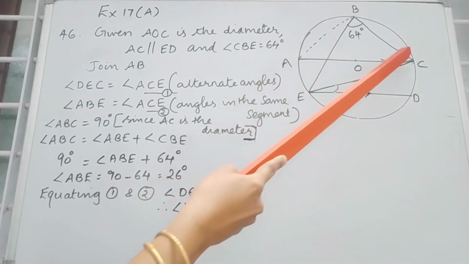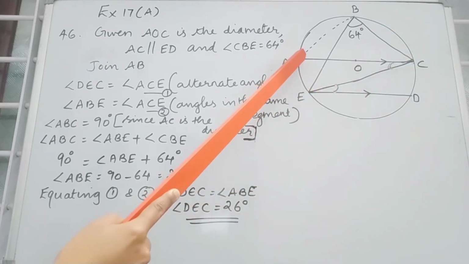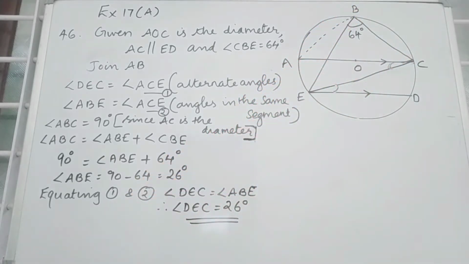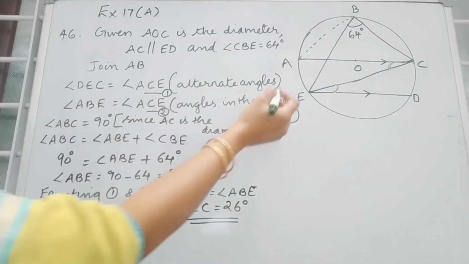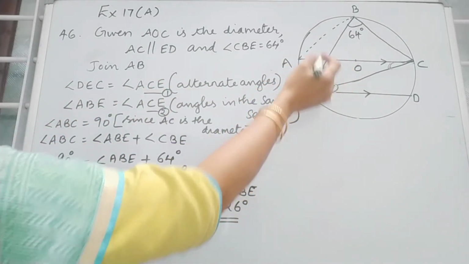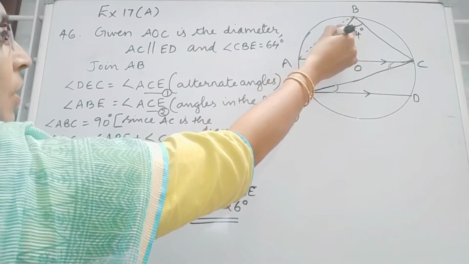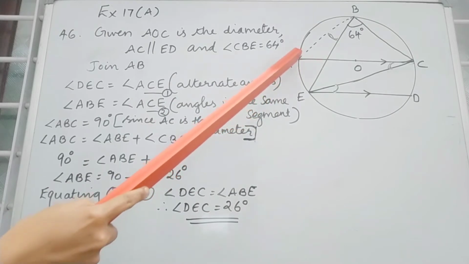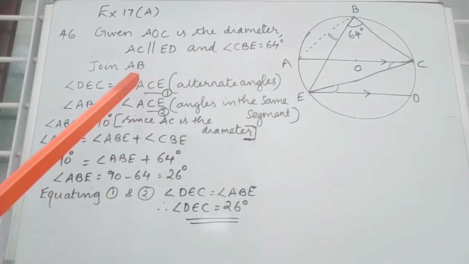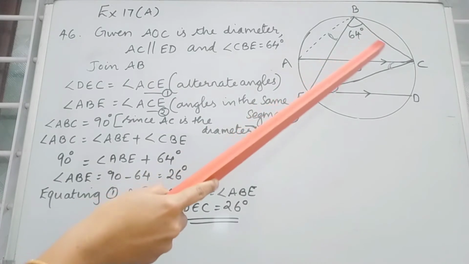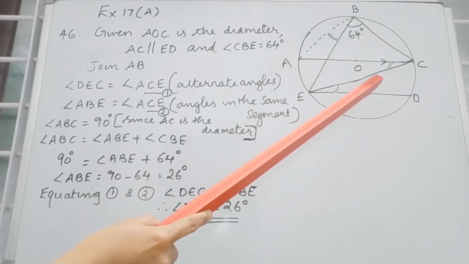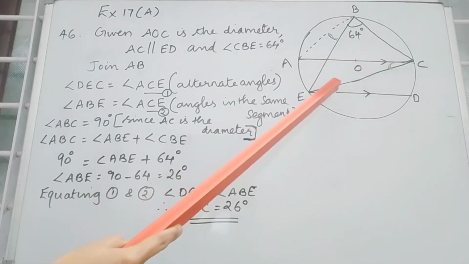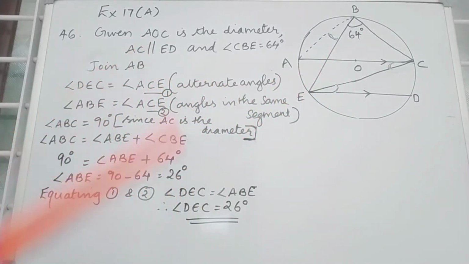These two lie in the same segment AE, so ACE is equal to ABE. Let it be equation number 1 and equation number 2. That is, ABE will be equal to ACE, angles in the same segment. In the first equation we proved angle DEC is equal to angle ACE, since these two are alternate angles.